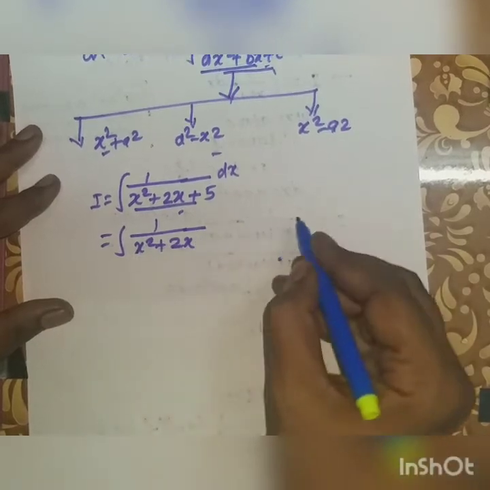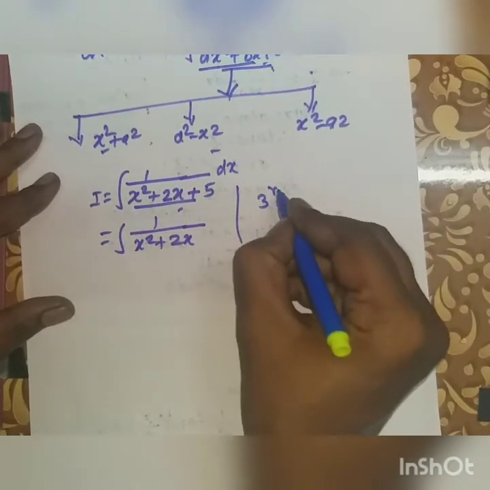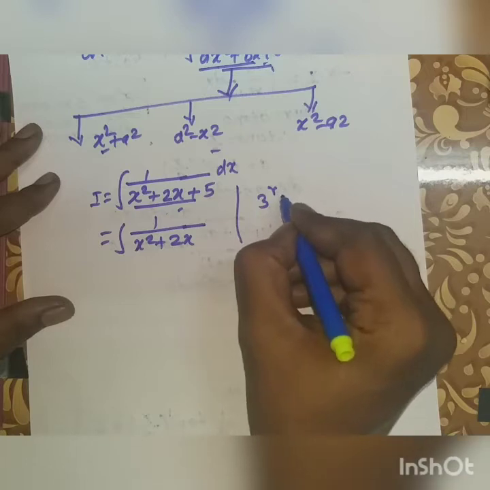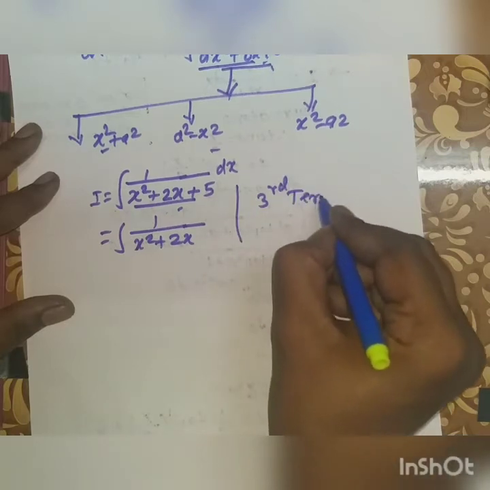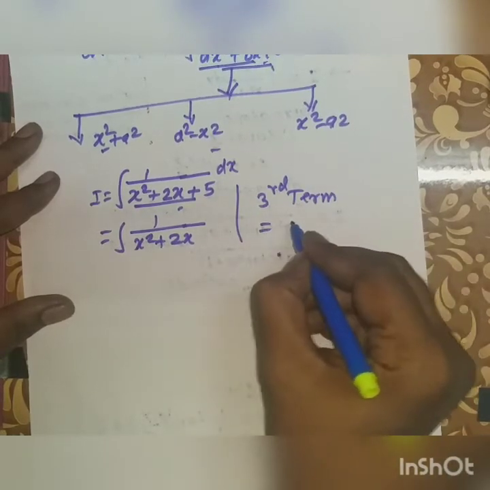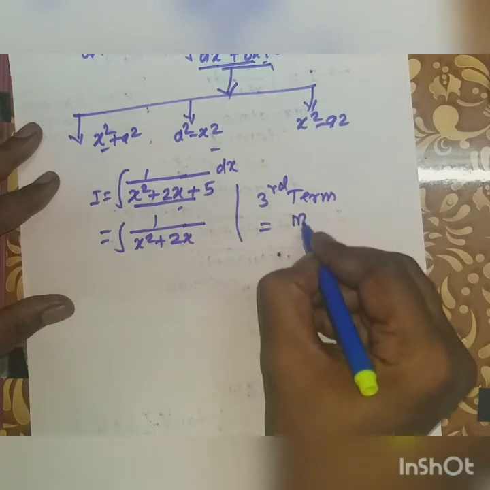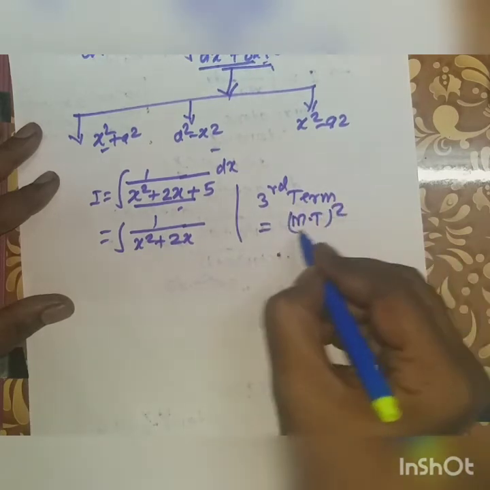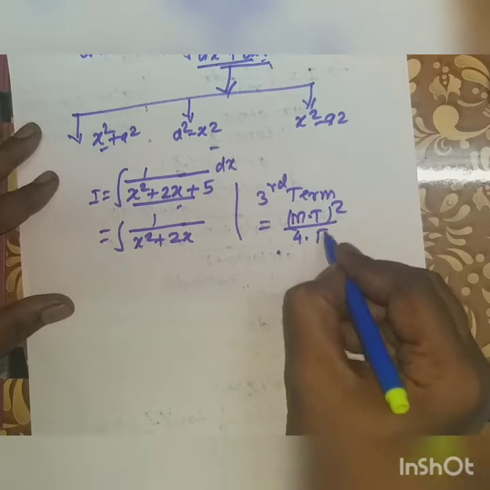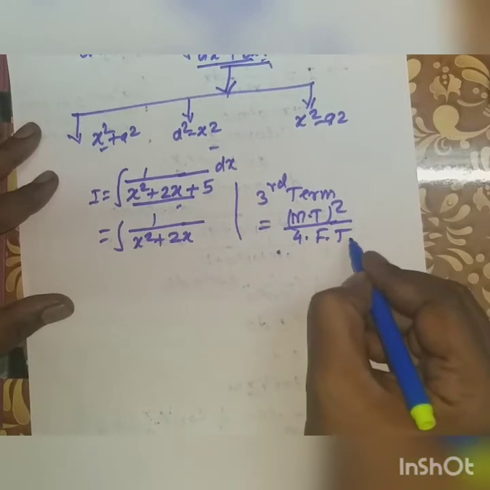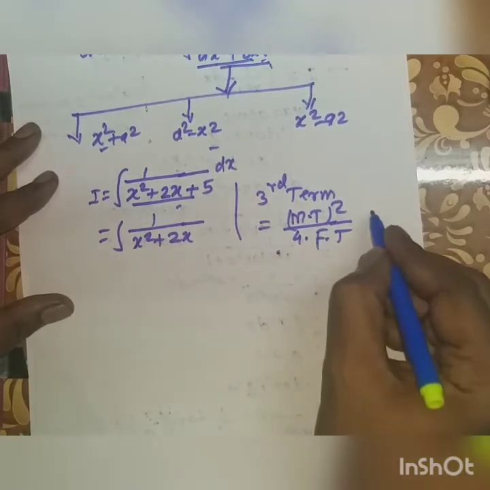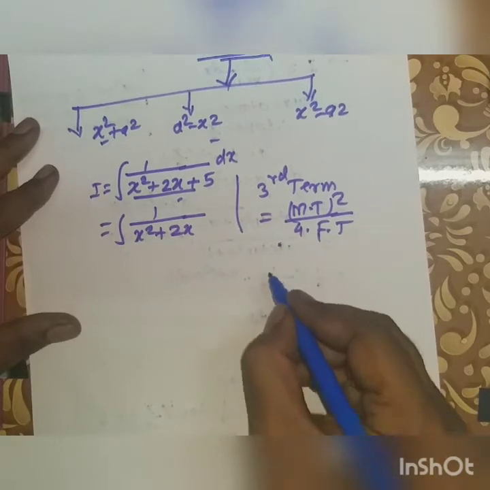The third term can be found. Third term is equal to middle term bracket square divided by 4 into first term. Now this formula can be used, which is the most important formula.